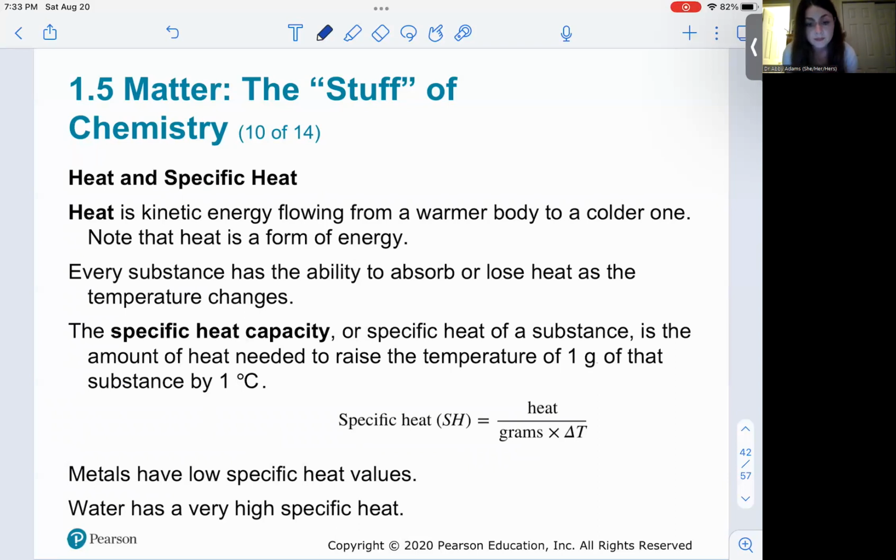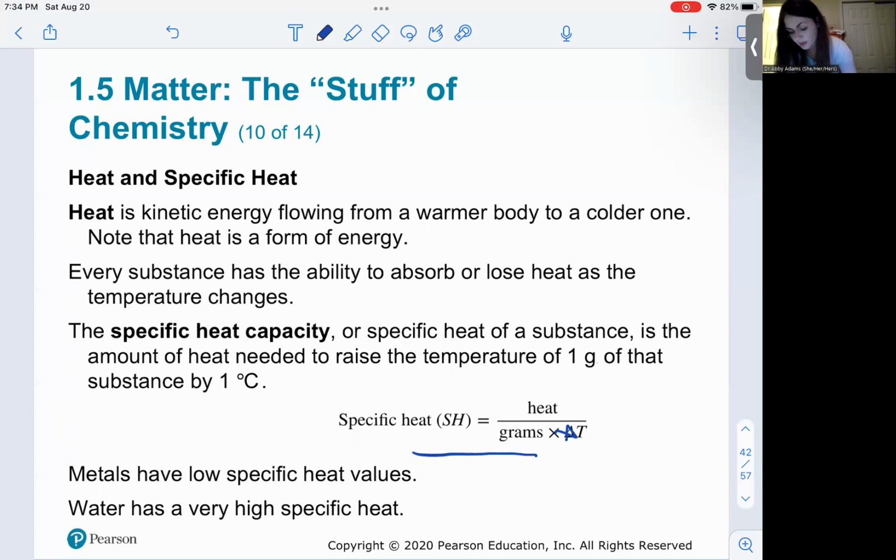So specific heat capacity, or the specific heat of a substance, is the amount of heat needed to raise the temperature of 1 gram of that substance by 1 degree Celsius. So that sounds familiar to a definition that we were just talking about 30 seconds ago, right? On the previous slide when we were talking about calories. Okay, so specific heat equals heat over grams times the change in T.